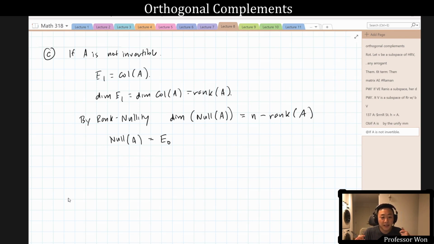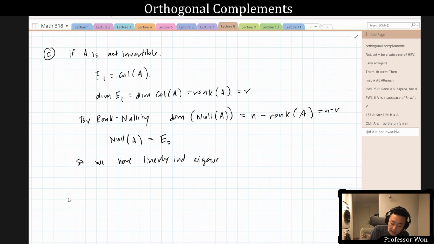We have m vectors in the column space, that's E1, and then we have n minus m vectors in the null space, that's E0. And so we already have a basis of eigenvectors. This must mean that we have all of the eigenvectors. If this thing has rank R, then this is n minus R. So we have n linearly independent eigenvectors.